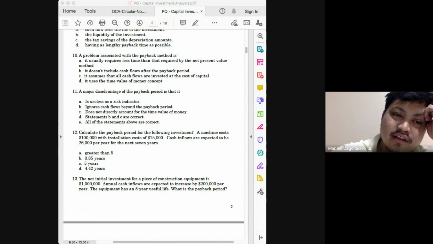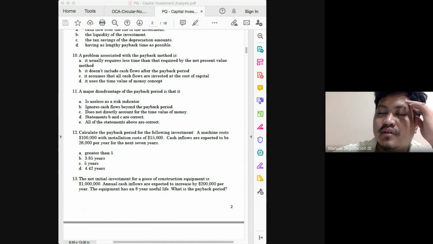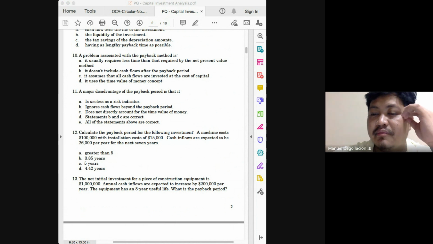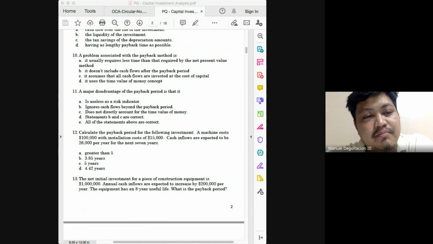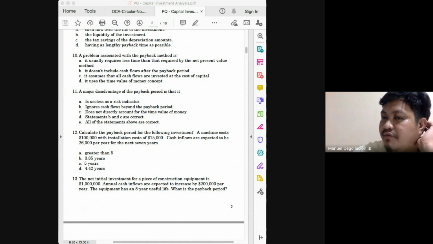And with that, that's why NPV is generally considered a better method compared to the payback method, because your NPV, your net present value method, considers all the cash flows throughout the term or the life of the project.